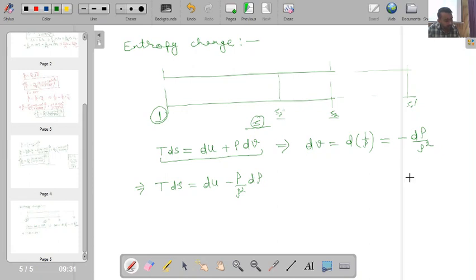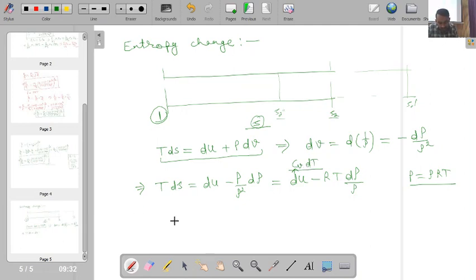Okay, now I also know that P is equal to rho RT. So P by rho I can write as nothing but RT. Okay, so this I can write as du minus RT into d rho by rho. Now this du, for a calorically perfect gas, I can write as Cv times dT.